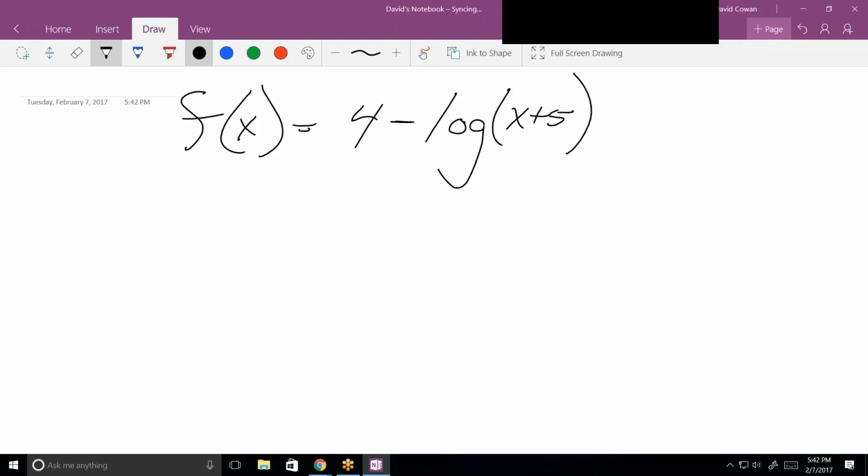What's the parent function? It says, find the domain, x intercept, and vertical asymptote. What's the domain? And sketch. So hold on, let me write that. The domain, the x intercepts, and the vertical asymptote.